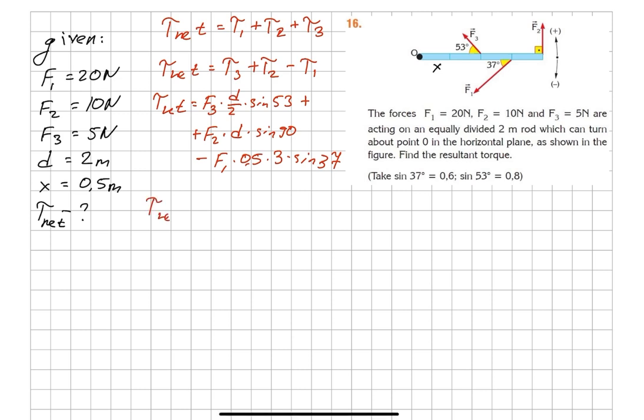So the net torque will be equal to F3, which is 5 newtons, times d over 2, which is 1 meter, times sine 53, which is 0.8, plus F2. F2 is 10 newtons times the distance 2 meters times sine 90, which is just 1.